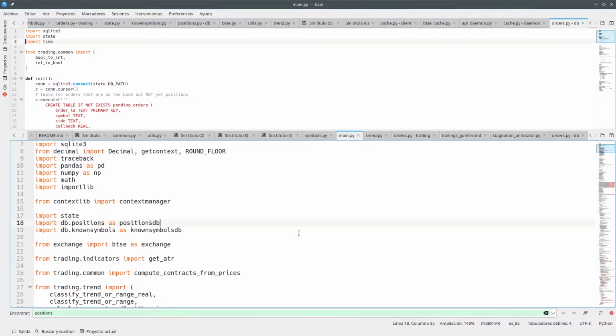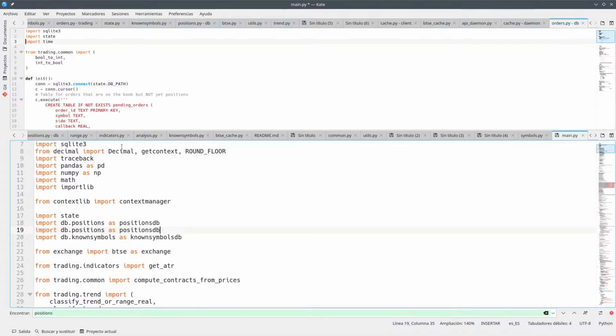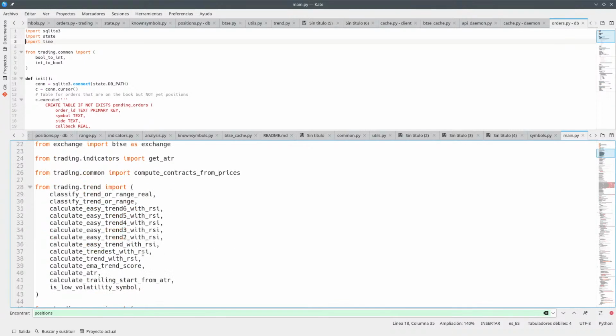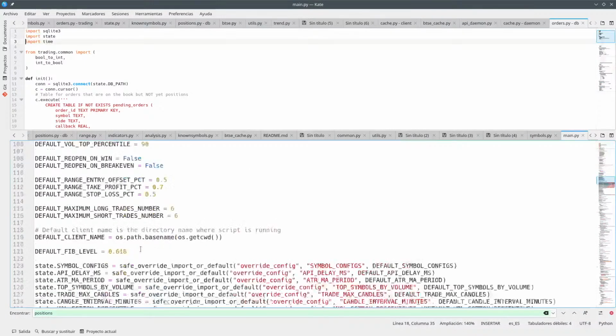So first of all, we need to be importing orders. So db positions as orders. So this is orders db. Okay. Orders db.